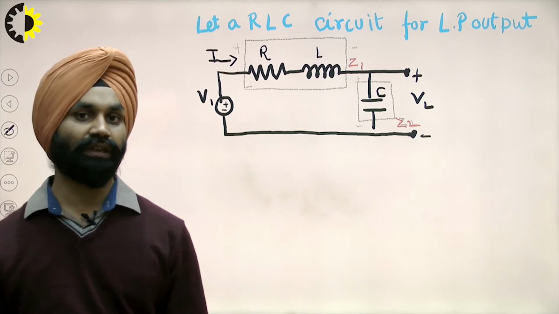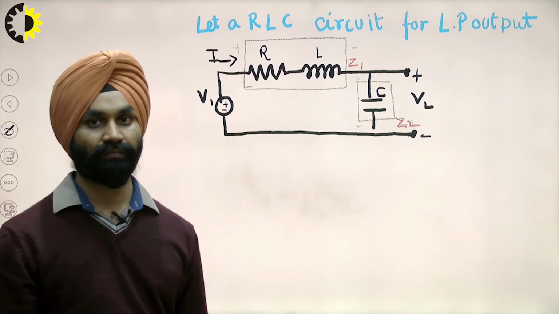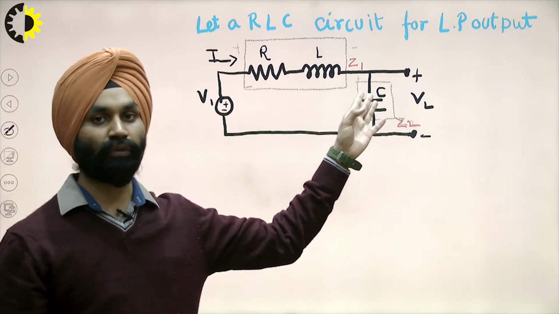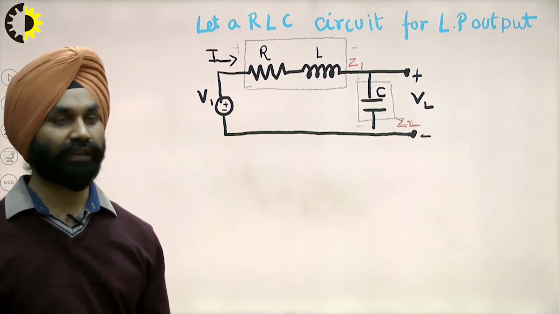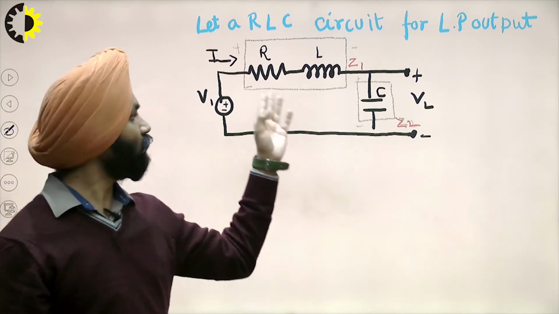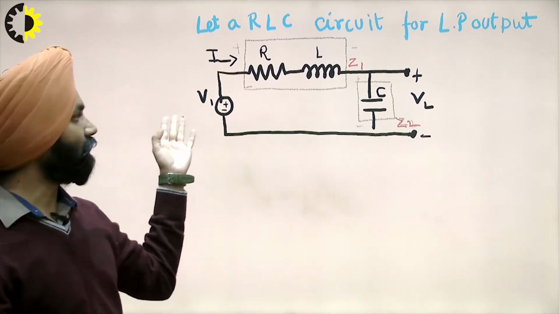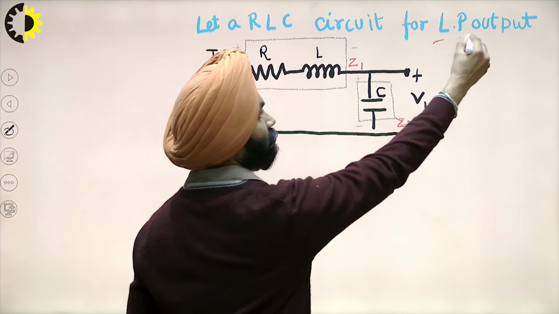Practically, for low frequencies, for DC values, the inductor will be a closed circuit and the capacitor an open circuit, so low frequencies will be passed. For higher frequencies, C will be closed, so the signal V1 will pass through C2. So, this will act as a low pass filter.